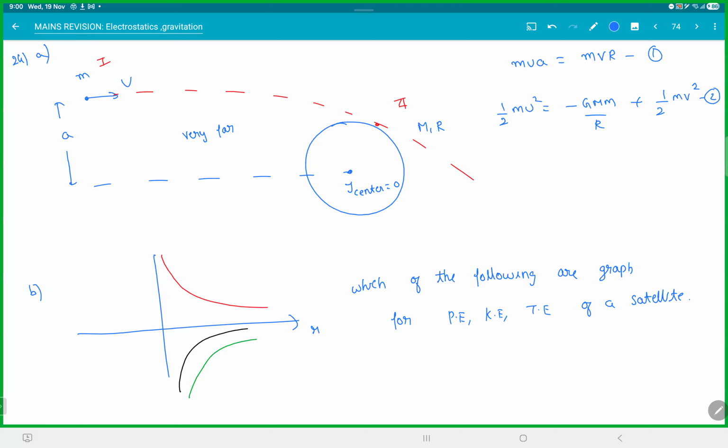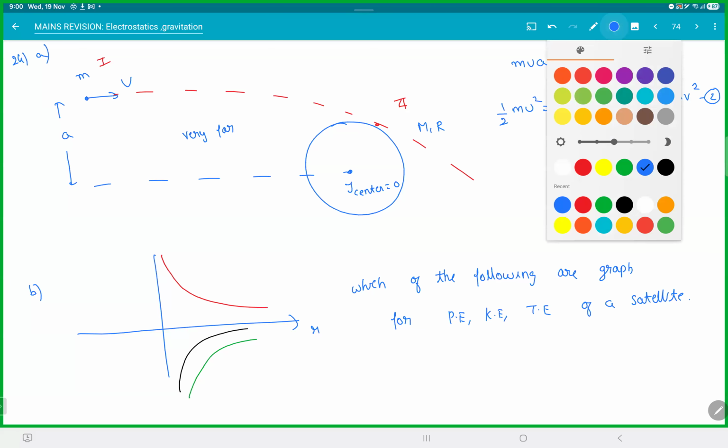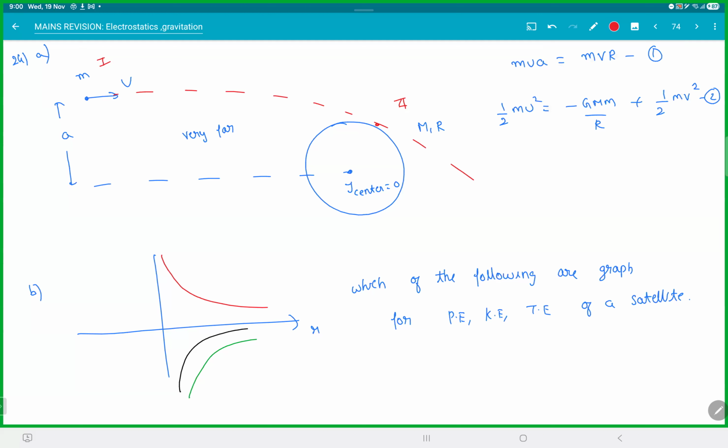For a satellite, which of the following is the potential energy, kinetic energy, total energy? This thing came recently in modern physics also. Remember Bohr's theory? Kinetic energy, potential energy, and total energy of an electron in an orbit. So these three graphs, the red line, the blue, and the green, and the black: which is total, which is kinetic, which is potential?